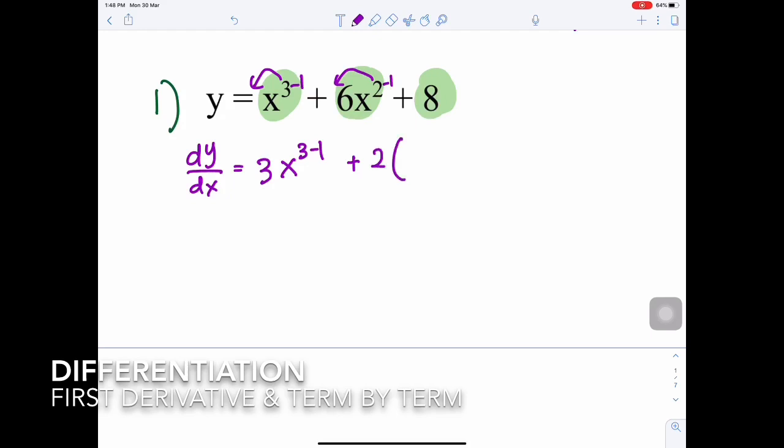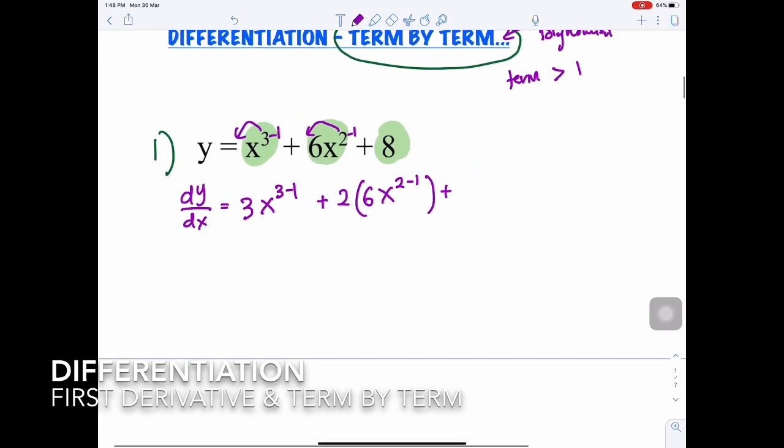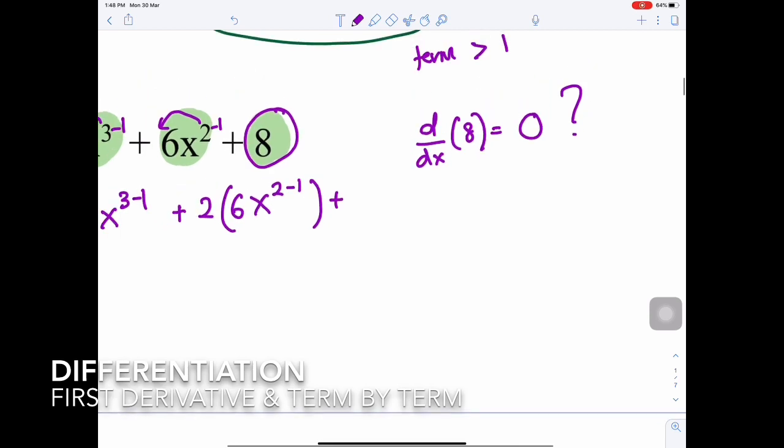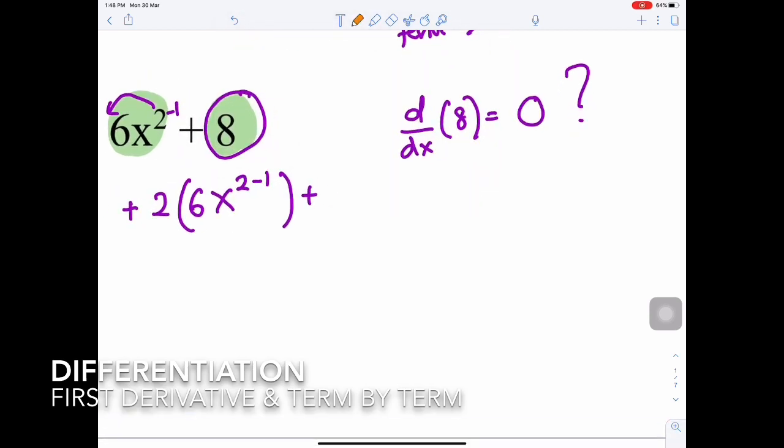2 times 6x remains, power of 2 minus 1, plus, for your information, any whole number that we differentiate equals 0. But why 0? This is the reason why. Let's say y equals 8, which is 8x power of 0, so equals 8. So differentiate y equals 8 power of 0.